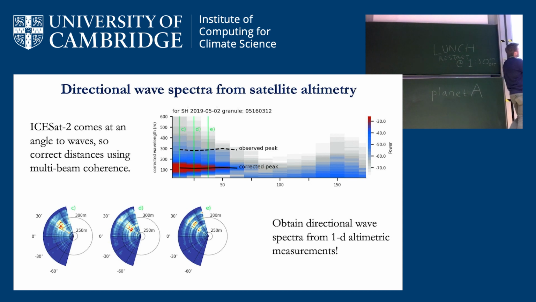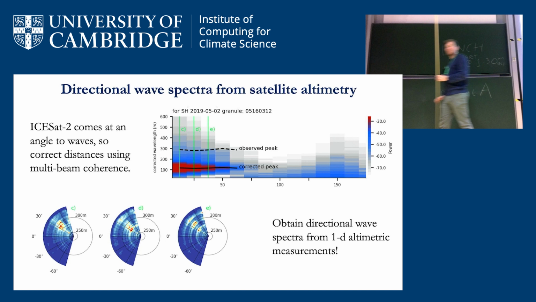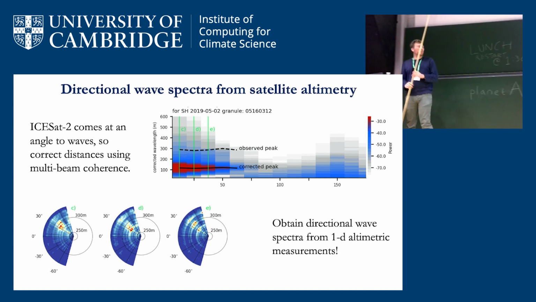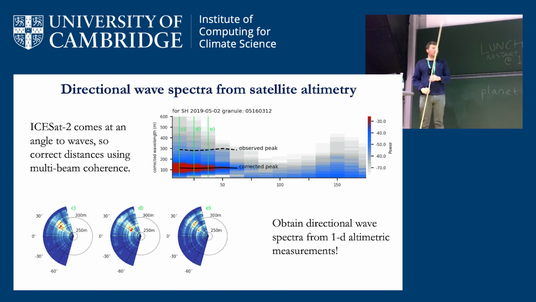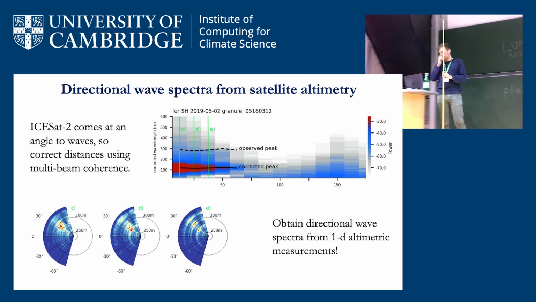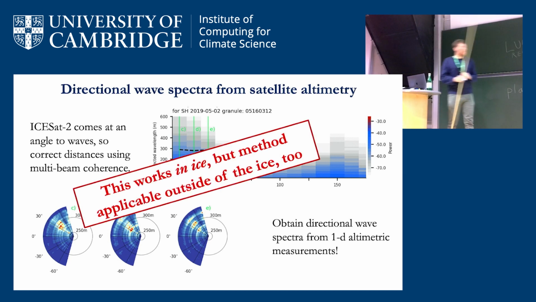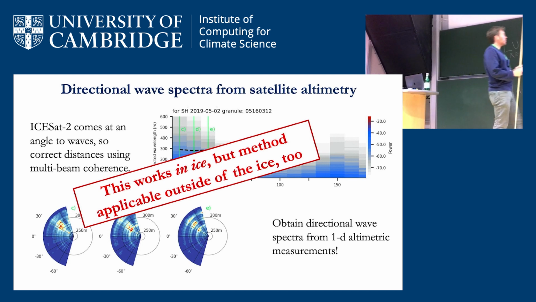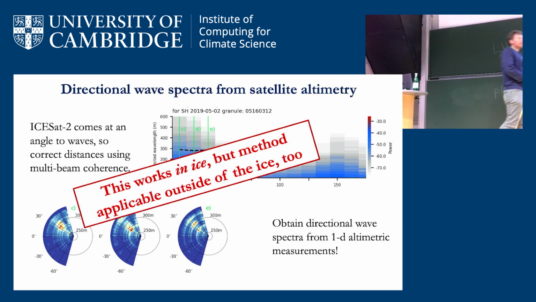By looking at multiple different beams from the ICESat-2 altimeter, and looking at the coherence between them, you can get the direction, the amplitude and the spectrum of these waves as they move through ice. And what I think is the best part is that Moma developed this inside sea ice, which is way harder than doing it in the ocean. But you can do it in the ocean too, so it might be an easier problem.